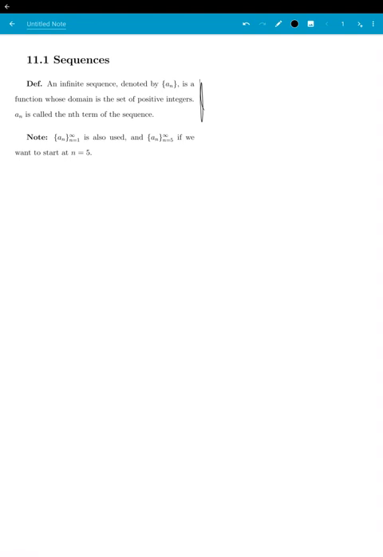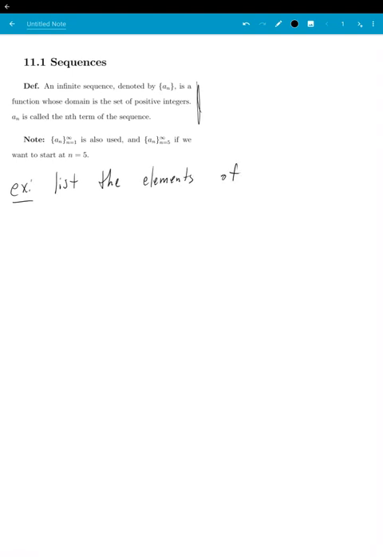So something like a_n is equal to, let's see, n over n plus 1.